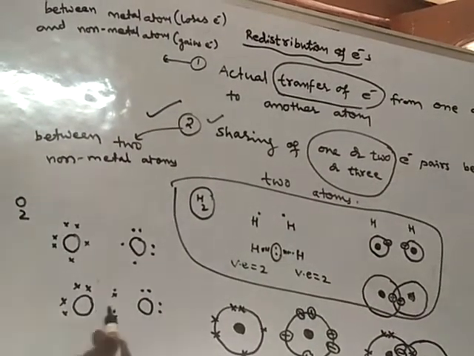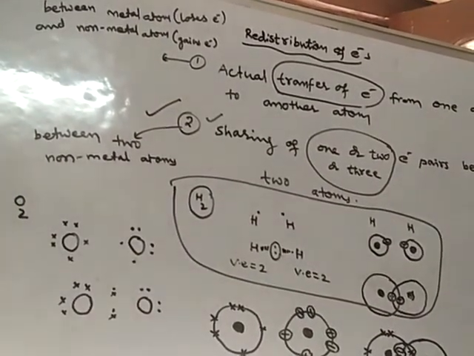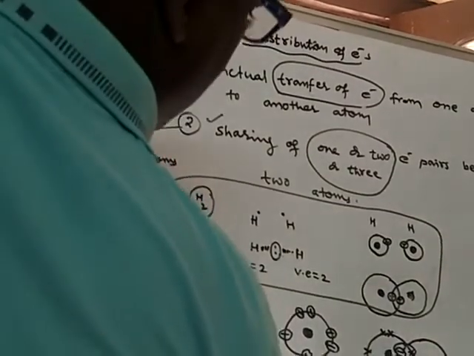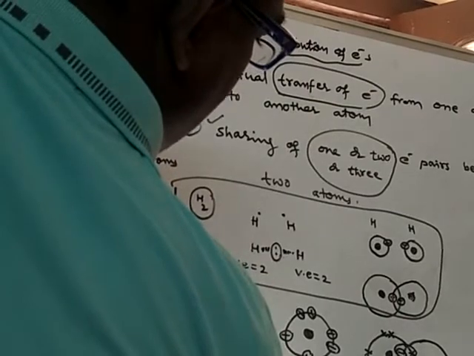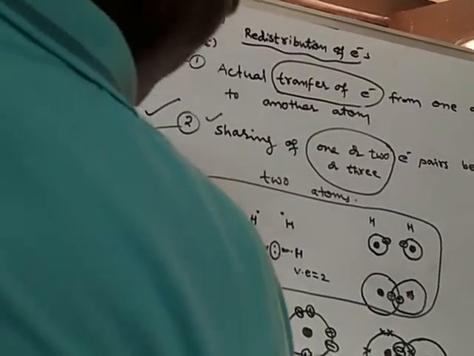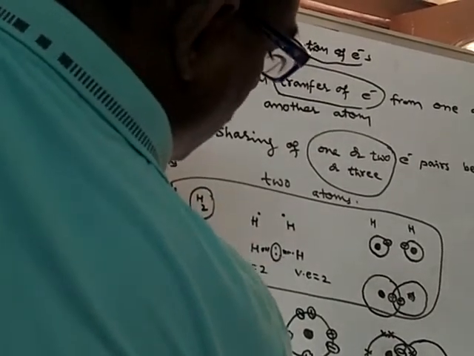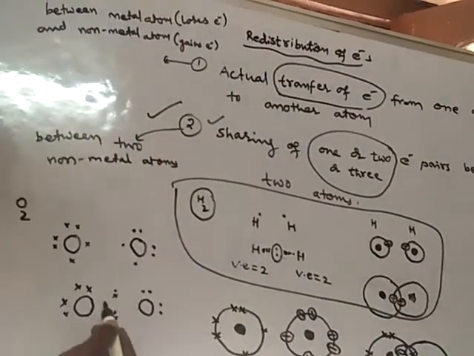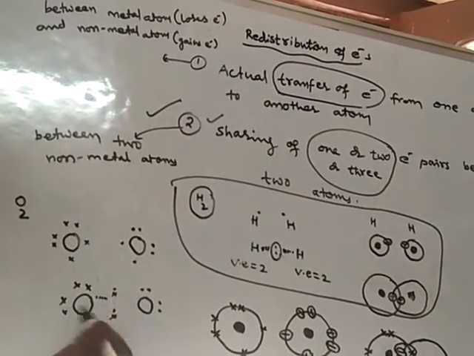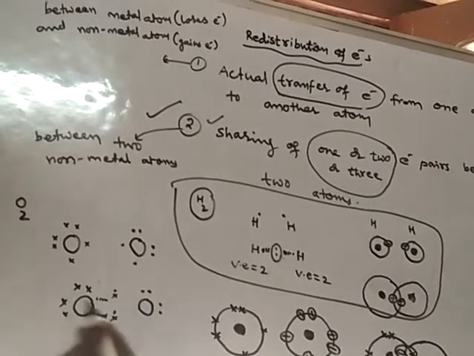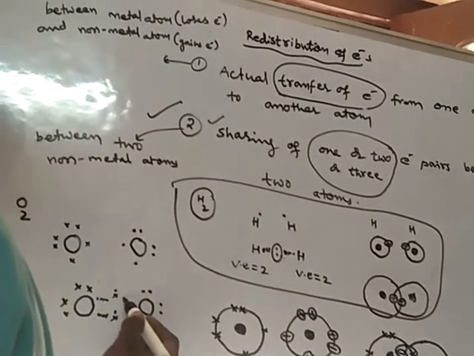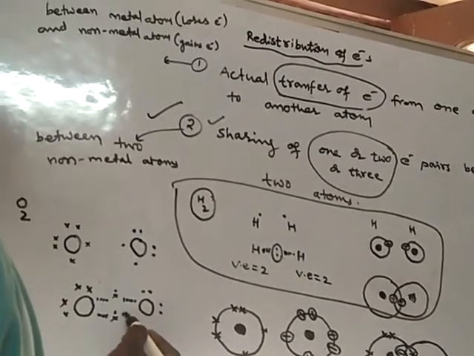So that means a pair here, a pair here. Now this nucleus will start attracting these two electrons because the nucleus is positively charged and these electrons are negatively charged, and even here also negative charge and positive charge. So what happens? Force of attraction is developed between this pair and oxygen and even this pair and oxygen. At the same time here also force of attraction is developed.